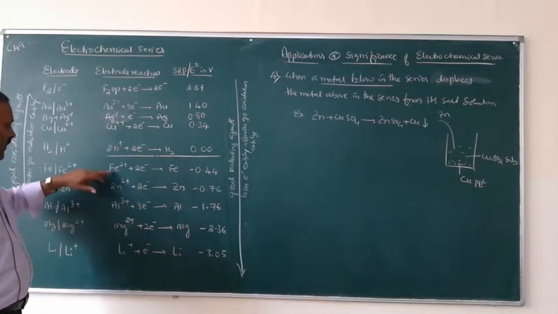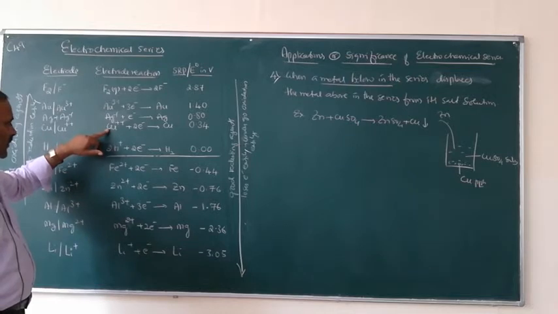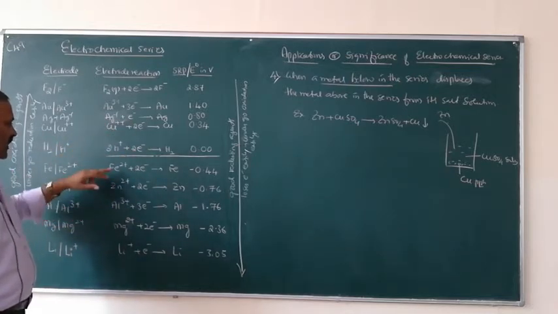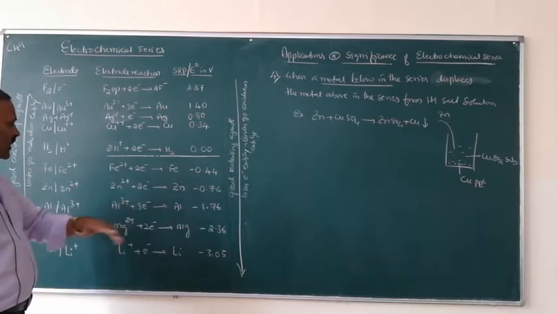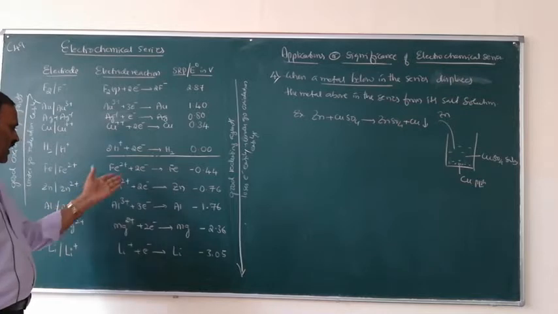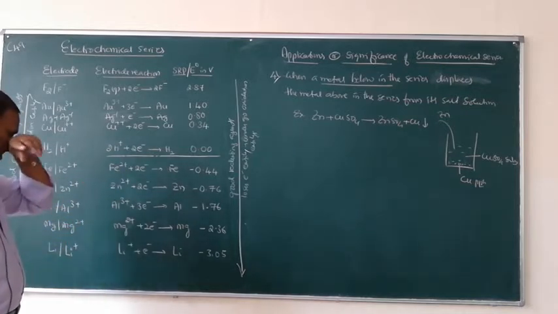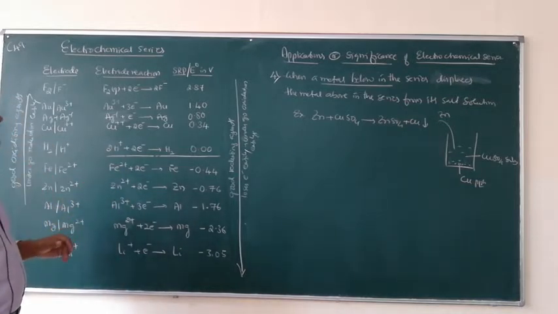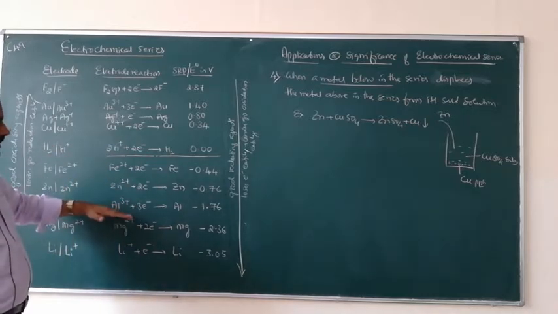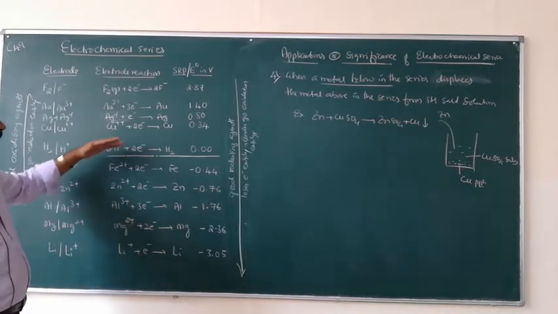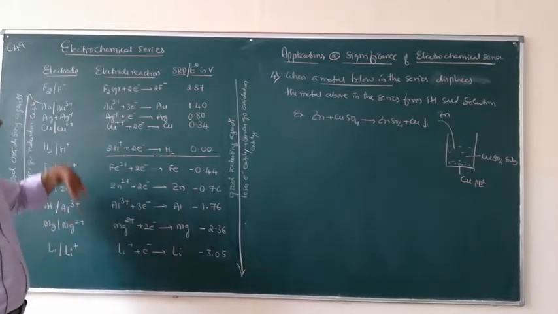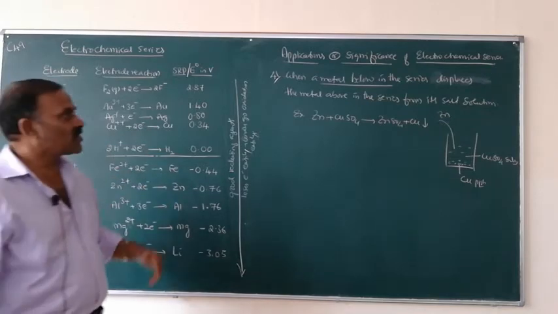For example, when iron is added into copper sulfate solution, copper comes out. When aluminum is added into iron solution, iron comes out. When magnesium is added into zinc sulfate solution, zinc comes out. So this is what is known as displacement. A metal below in the series displaces the metal above from its salt solution.